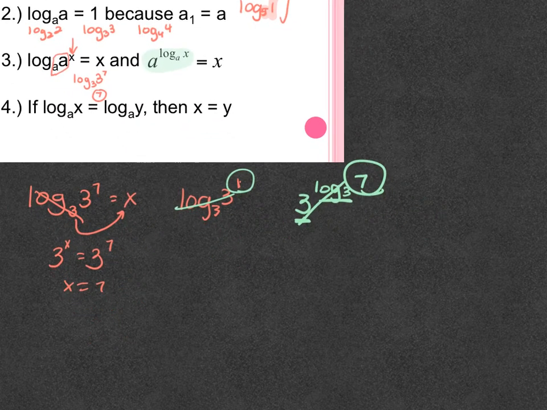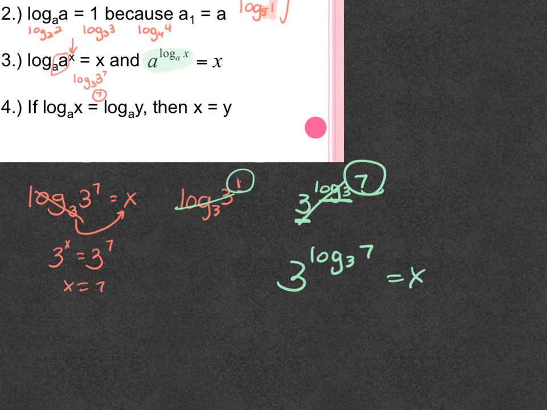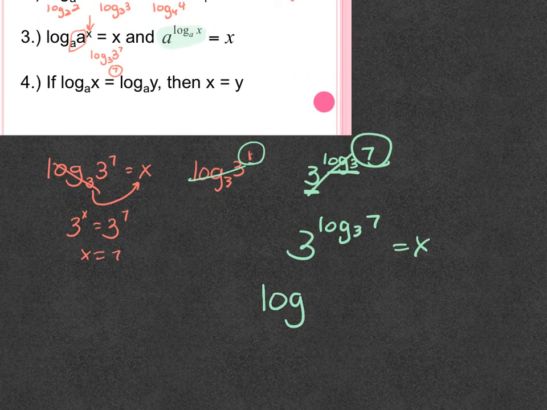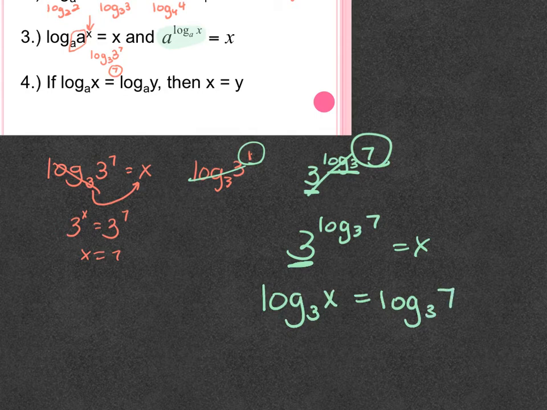And again, if you want to see that written out and rewritten, this is in exponential form. So to rewrite it in log form, the base of the exponent becomes the base on the log, and the x comes over with that, and would equal log base 3 of 7.